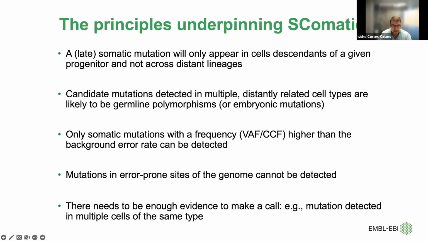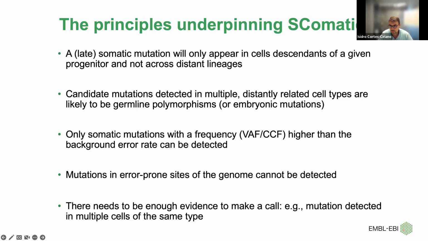Then we consider that only mutations with frequency higher than the background error rate of the technology we are using can be detected, and we ensure that's the case. Although it's not ideal, there are some sites in the genome that are error prone due to mapping errors, artifacts, or experimental issues, and in those positions we cannot detect mutations. Finally, there needs to be enough evidence to make a mutation call.